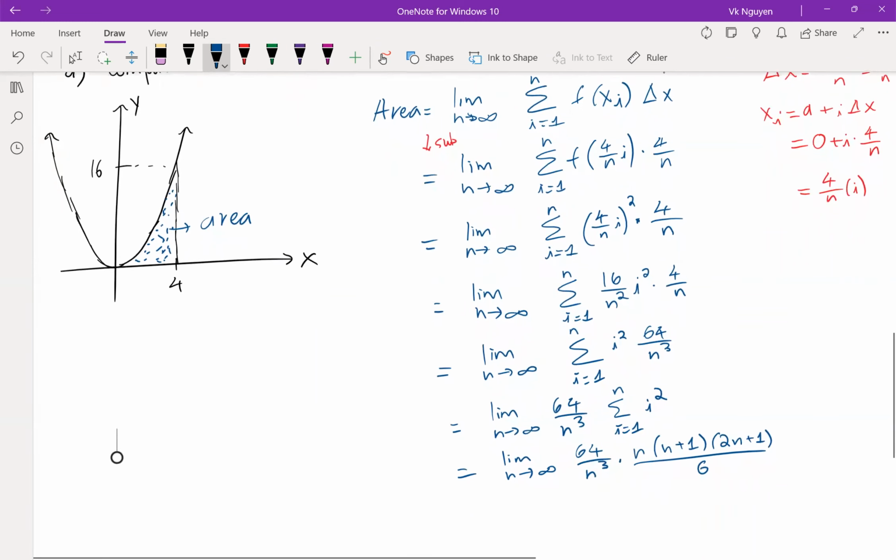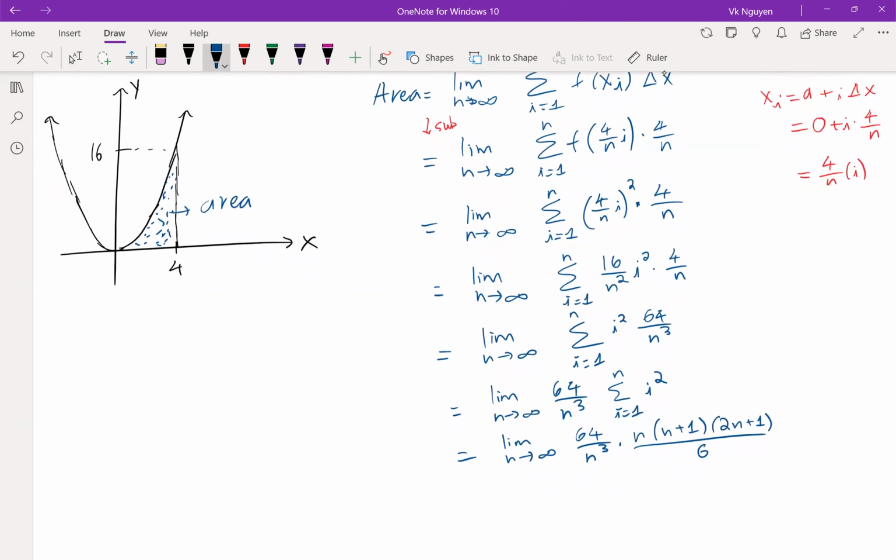Notice that the degree of n in the numerator is the same as the degree of n in the denominator. So the limit would just be the coefficient in the numerator divided by the coefficient in the denominator, and that is 64 times 2 over 6, which is 128 over 6.